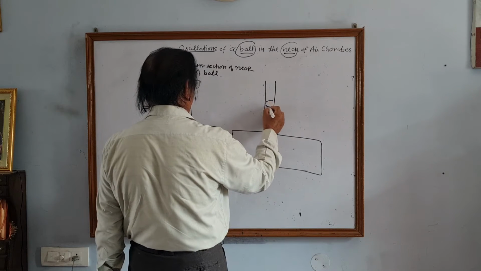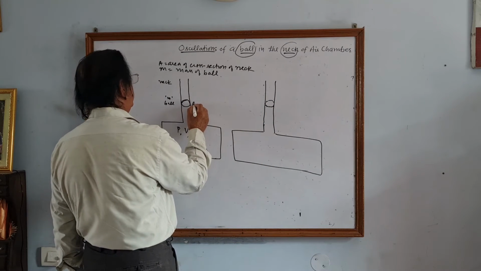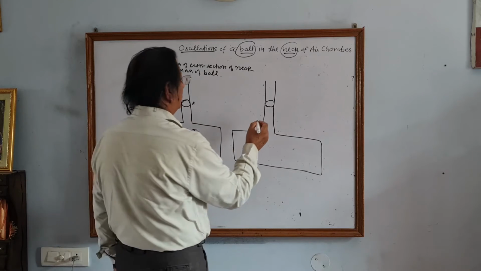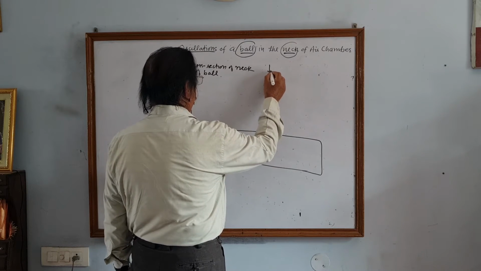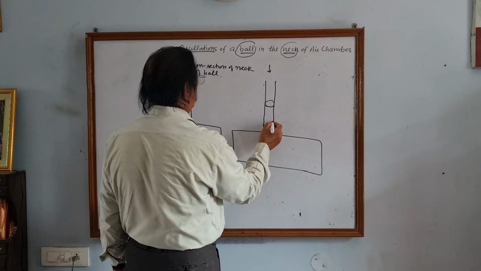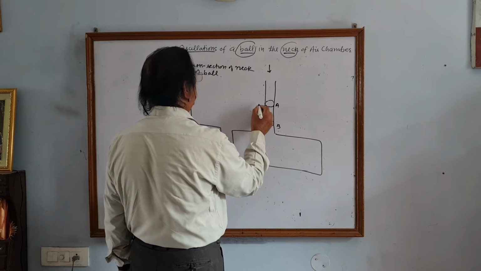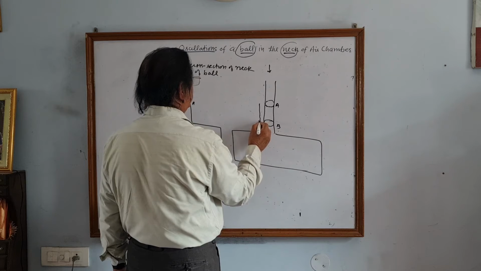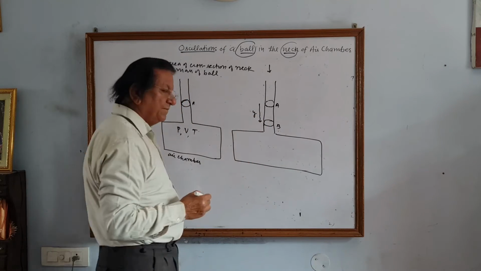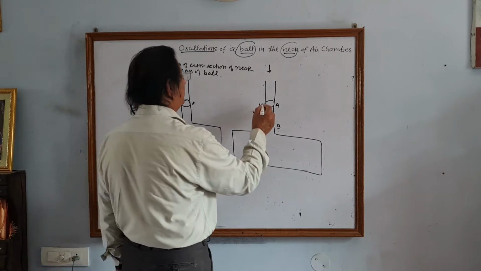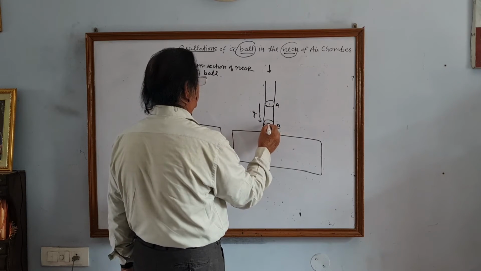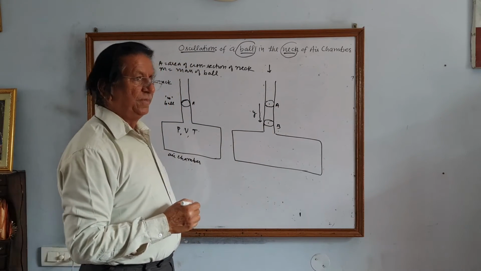The ball previously was in this position, position A. The ball is depressed, pressed downward to this position B. It has been depressed through a displacement Y from A to B.